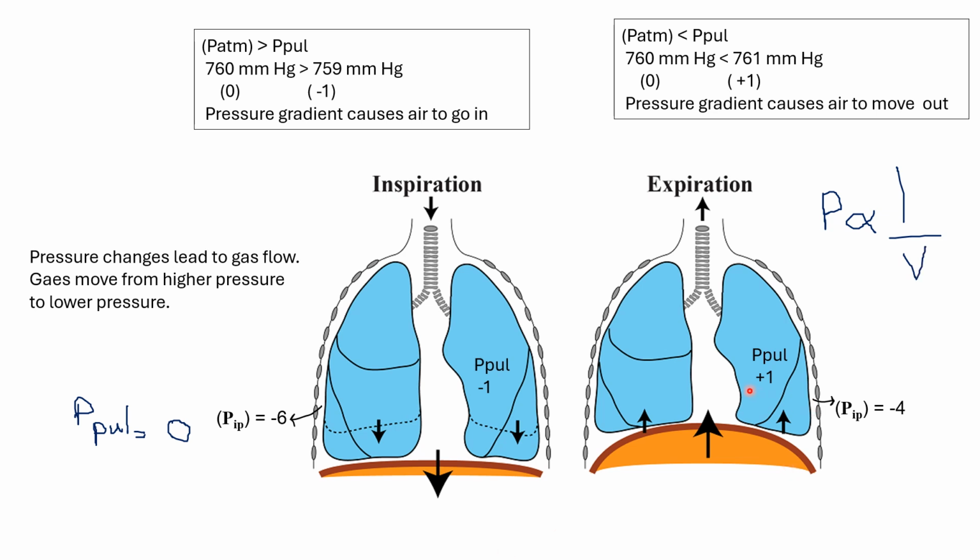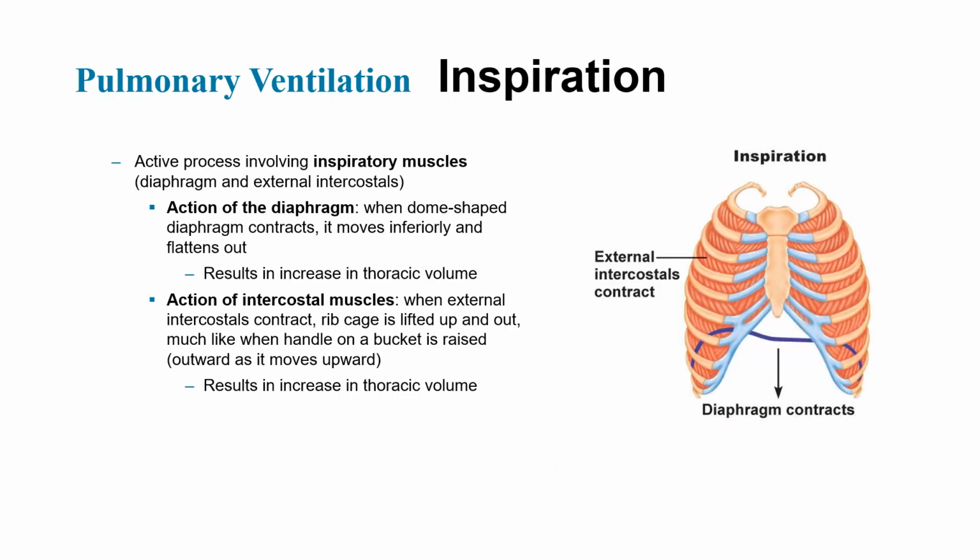Now we have an intrapulmonary pressure of +1, and the gas is going to move from higher pressure to lower pressure. The intrapulmonary pressure is 761, whereas the atmospheric pressure is 760, so the air moves out of the body. I hope I have been able to explain this to you. Now let's move on to the next slide.